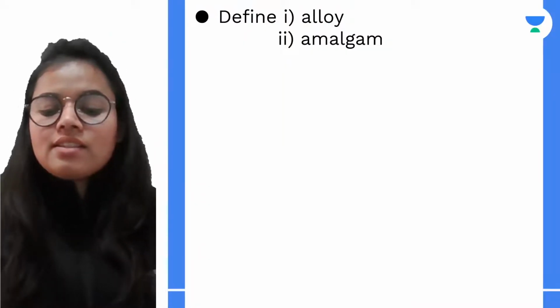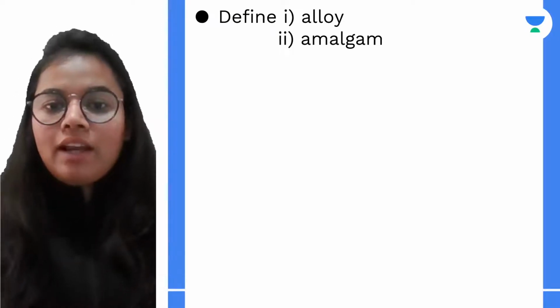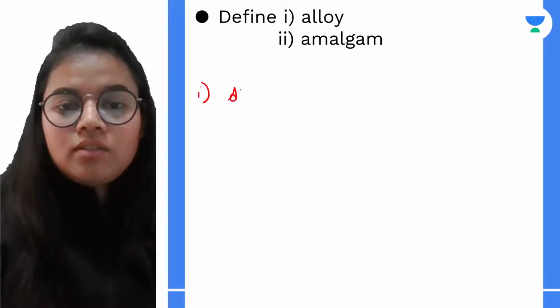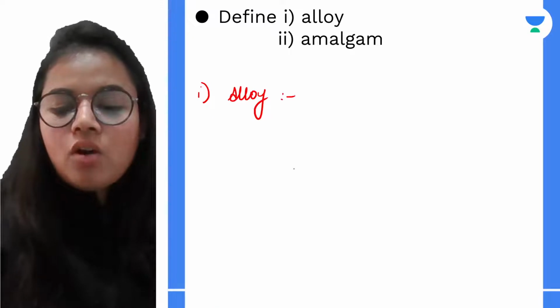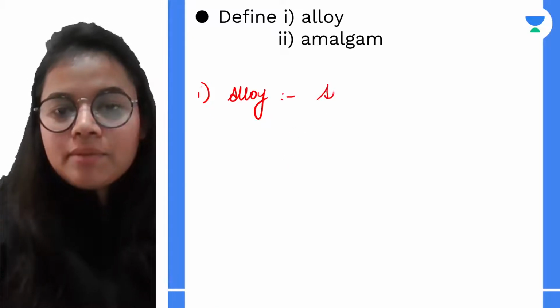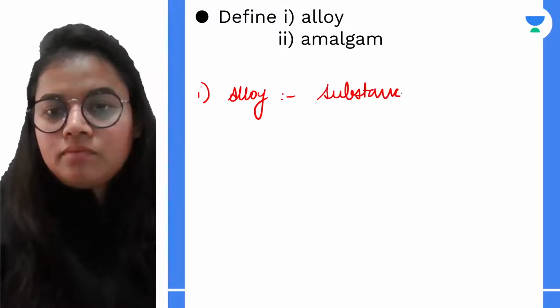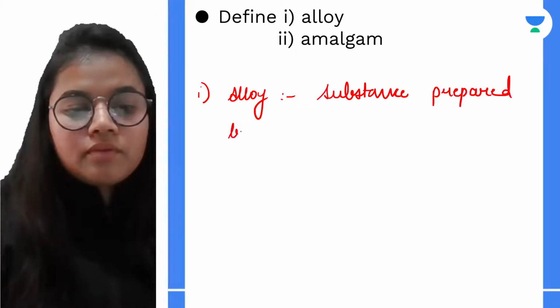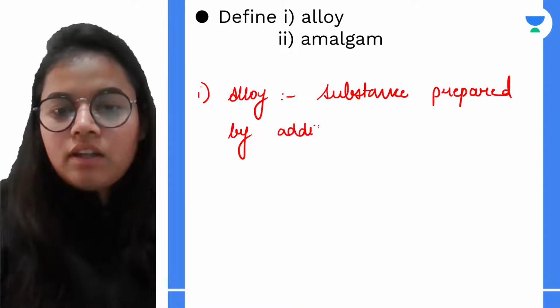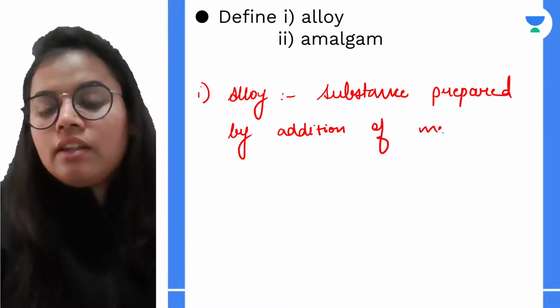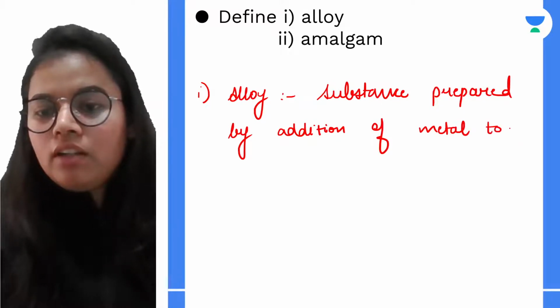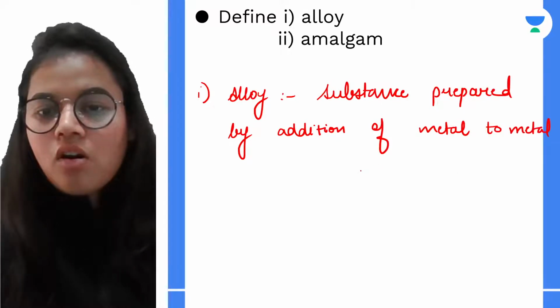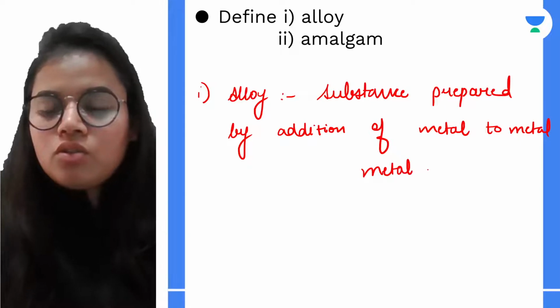Okay, next is define alloy and amalgam. So if we go for alloy, what is alloy? It is a substance prepared by addition of either metal to metal or metal to non-metal.